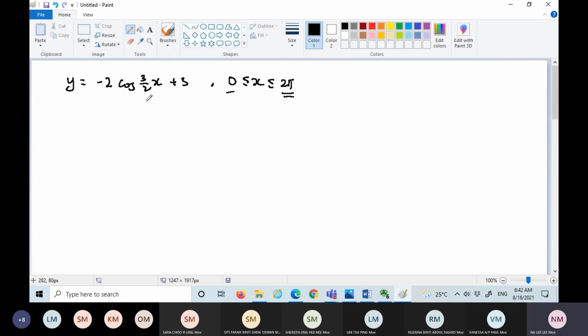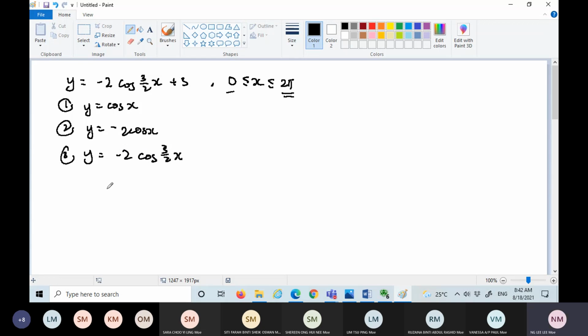First of all, I draw out the steps. Number 1, you're going to draw cos x, the basic graph. Number 2, add in the a, which is the -2. Number 3, add in the b, which is this one, 3 over 2x.